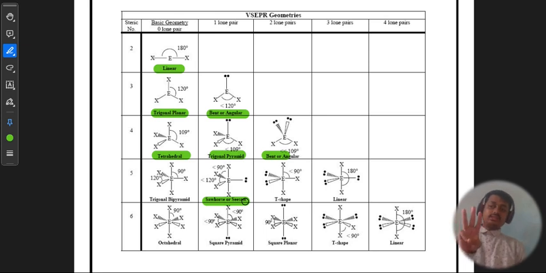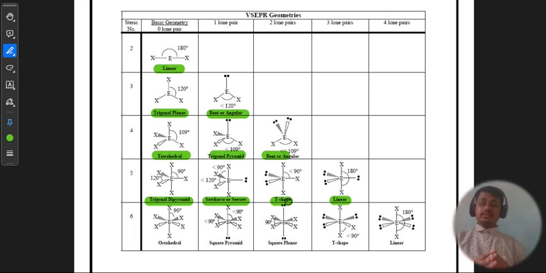And if there are 3 lone pairs and 2 bond pairs, then it is linear, and all the 3 lone pairs will be placed in the equatorial position. Very important point: if the steric number is 5, then the types are trigonal bipyramidal, seesaw, T-shaped or linear.